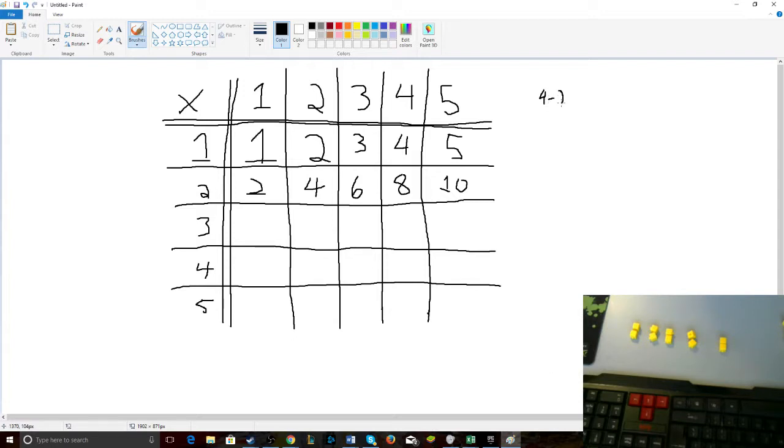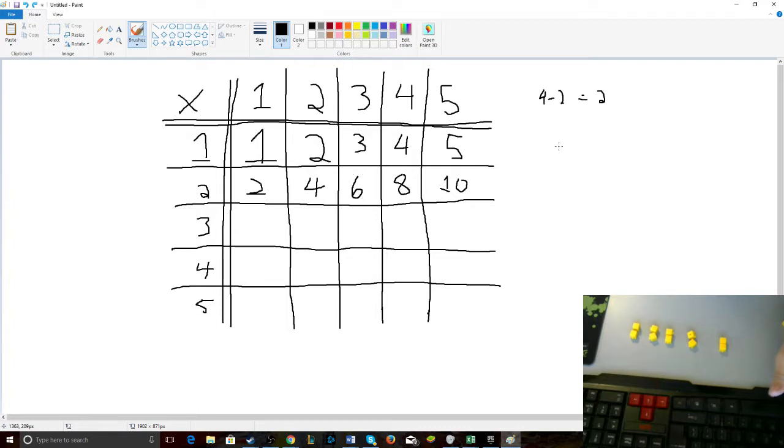So 4 minus 2 equals 2. And in that same way, 6, which is the answer right here, minus 4, which is the answer right here, equals 2. So whenever you're counting or multiplying with 2's, it will be 2 higher than the answer before it.